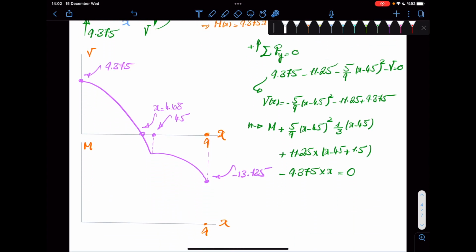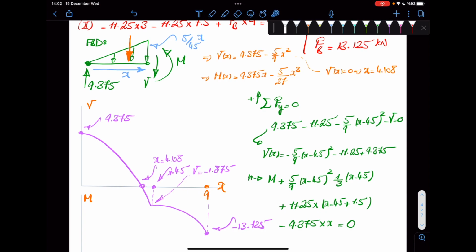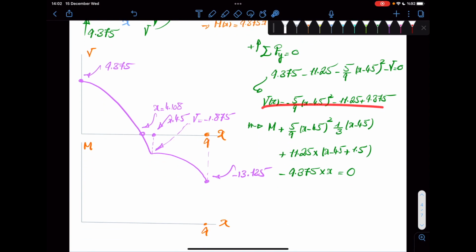Also here, at x equals 4.5, your shear force should be minus 1.875, which you can compute from either of these equations.